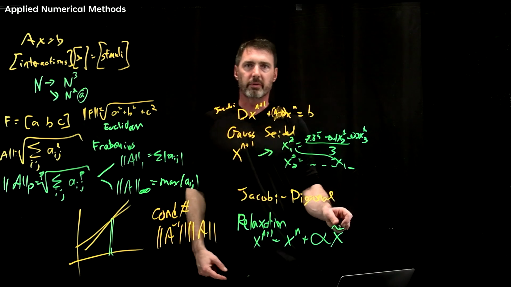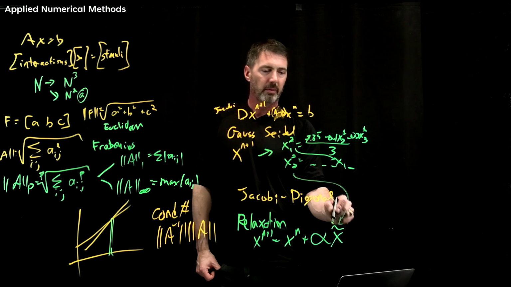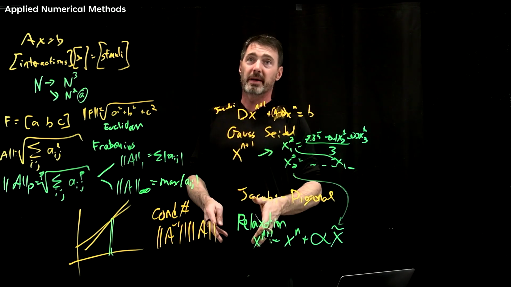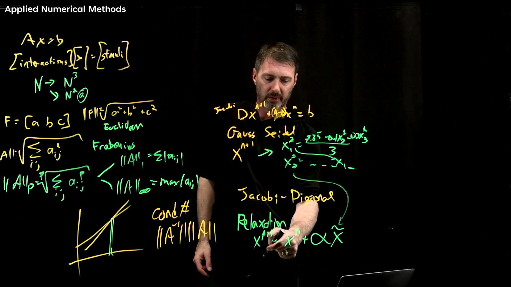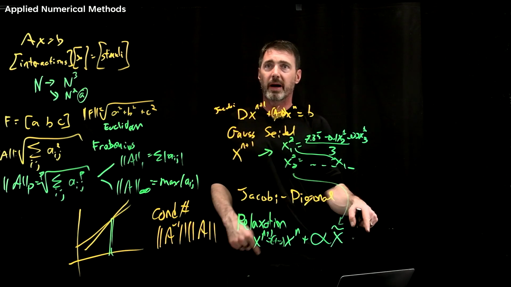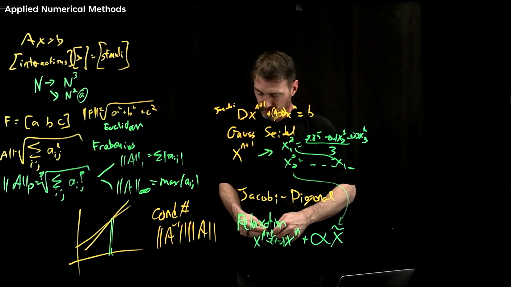So x tilde usually refers to this thing. I'm going to run through whatever my algorithm is to get my next guess, but before I commit it to being my next guess, sorry, not alpha, 1 minus alpha, I'm going to take only some factor of that compared to the others. Okay, so that's relaxation.